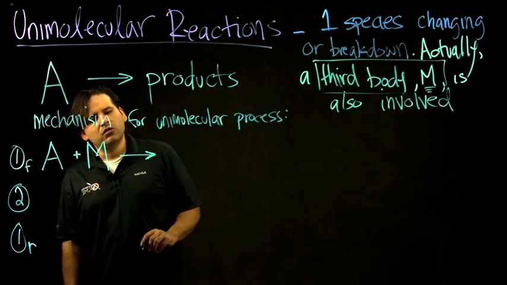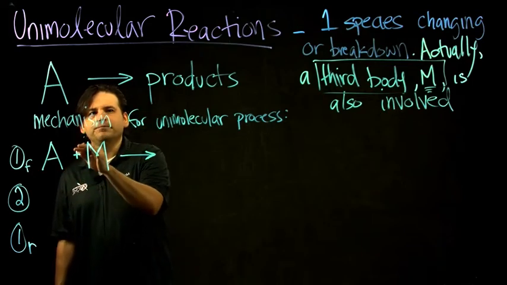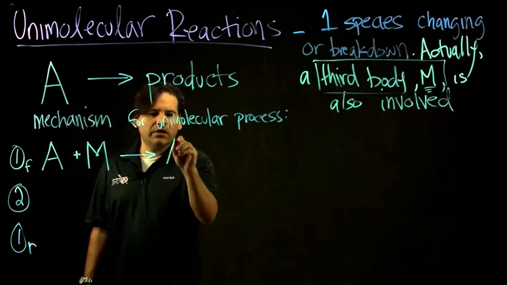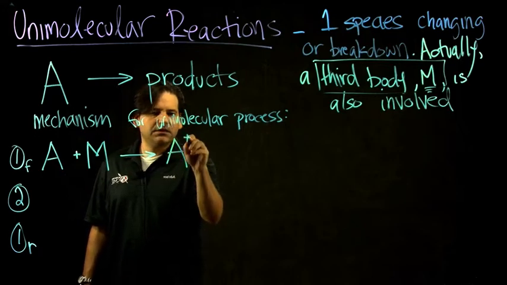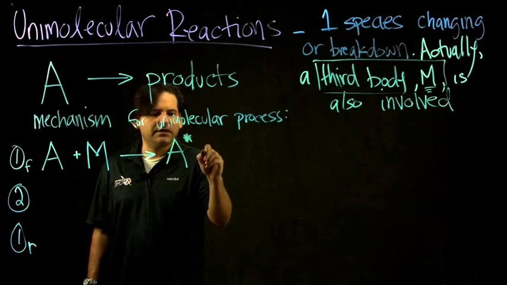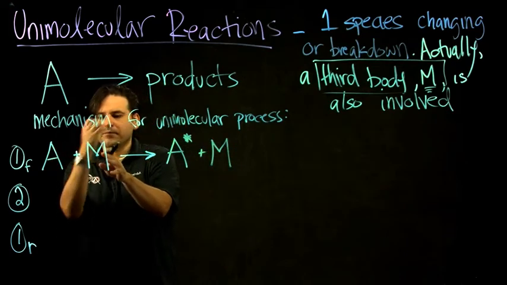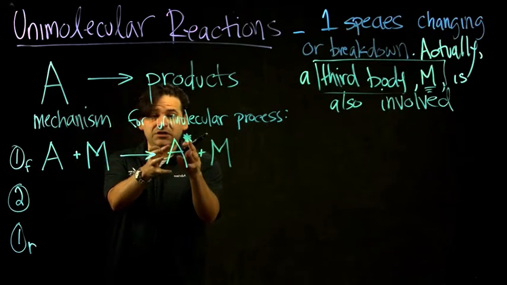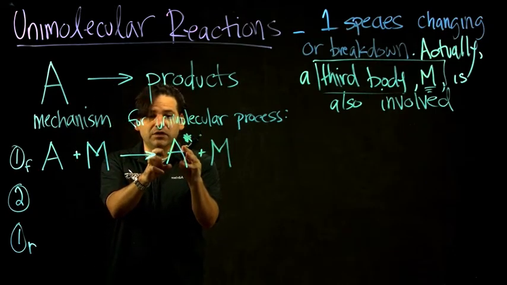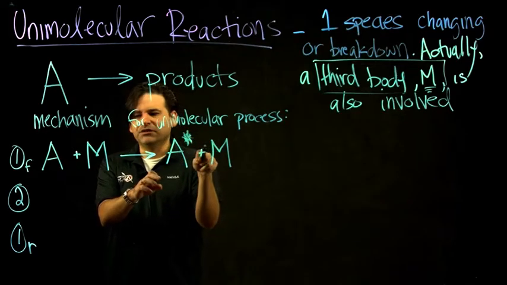So what you do is you get this third body colliding partner. Then what happens is you form an excited or some transition state after that collision. So these collide together. This causes a change in this species. It's similar to what it started off with, except some different state that results from this collision.